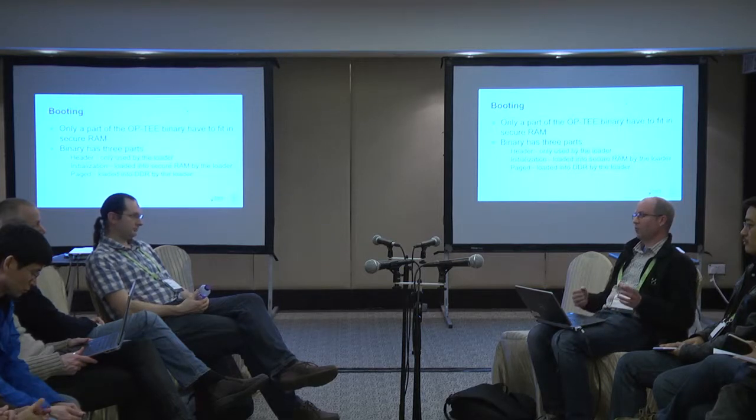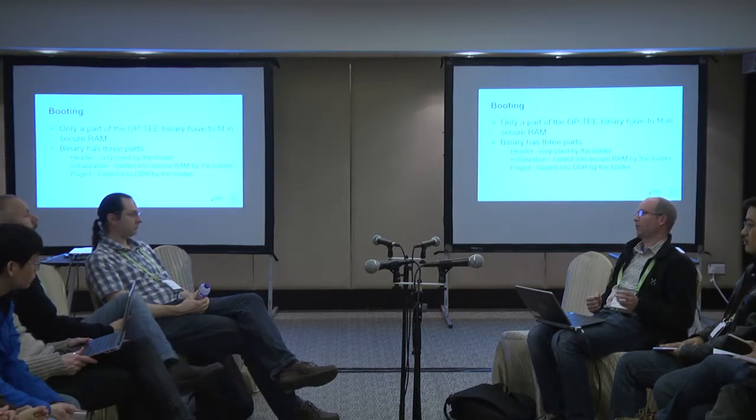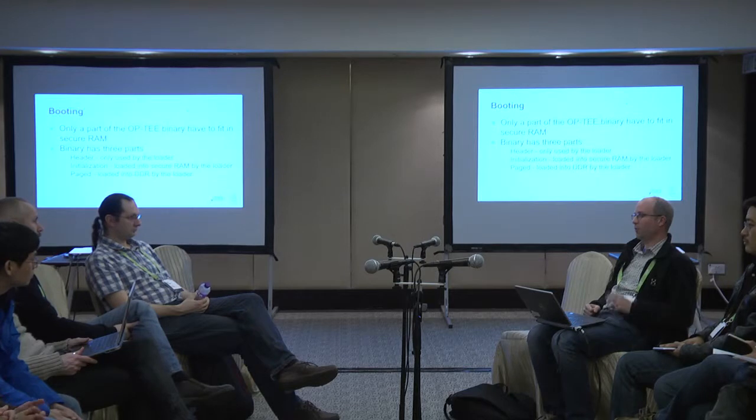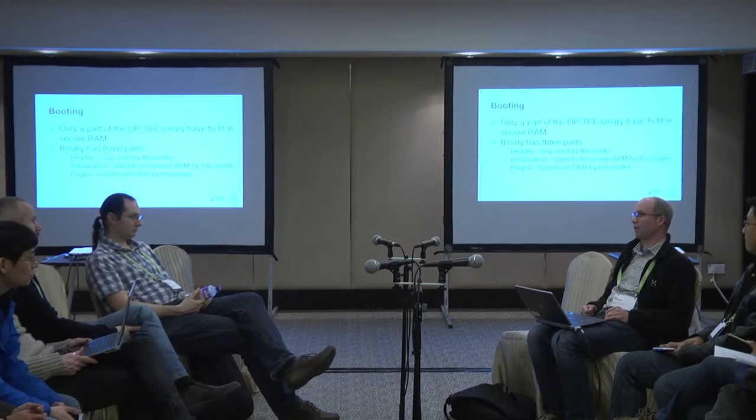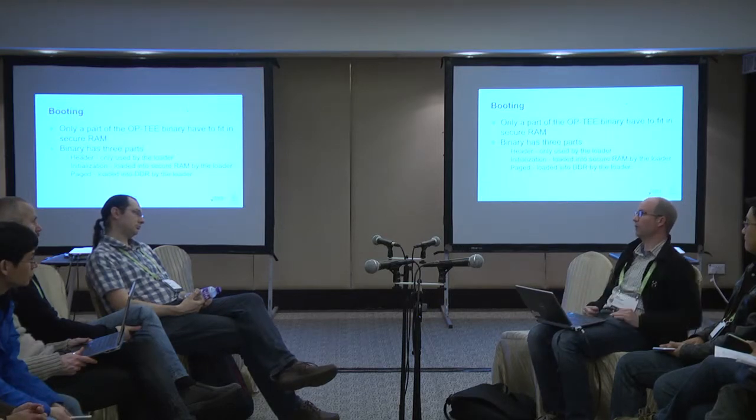So the choice we have made is that the OP-TEE itself that runs in kernel mode, that is the most sensitive part. We can hide secrets there and all that, and that has to be as secure as possible. And even if the purpose of the OS is to run applications, the applications are less prioritized in that way, since the secrets don't have to leak out into the applications all the time.